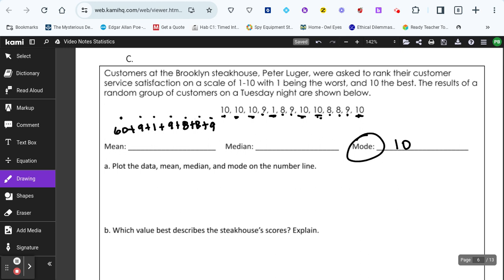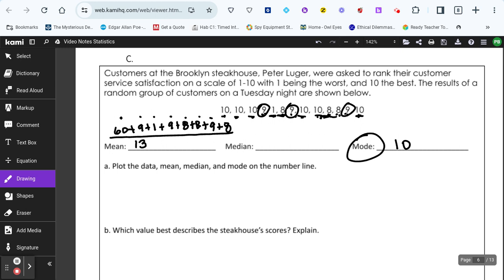I'm missing something. How many 9s do we have? 1, 2, 3, and we have 3 8s. I'm missing an 8. Okay, I'm going to divide by 13. 6, 7, 8, 9, 10, 11, 12, 13. 60 from the 6 tens plus 9 plus 1 plus 9 plus 8 plus 8 plus 9 plus 8.